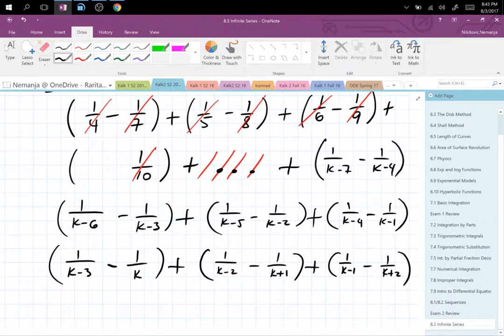K plus 2 doesn't cancel anywhere. 1 over K minus 1, there they are. They cancel. K plus 1 has nothing, but K minus 2 does. 1 over K has nothing.